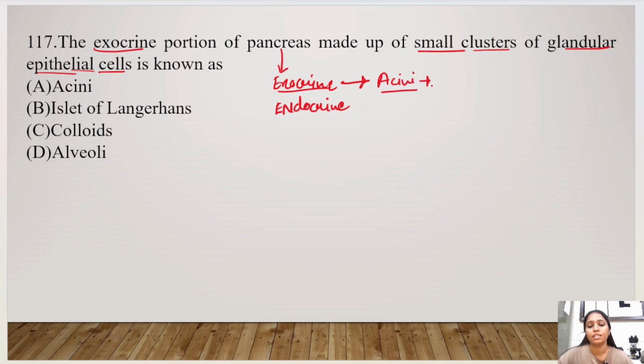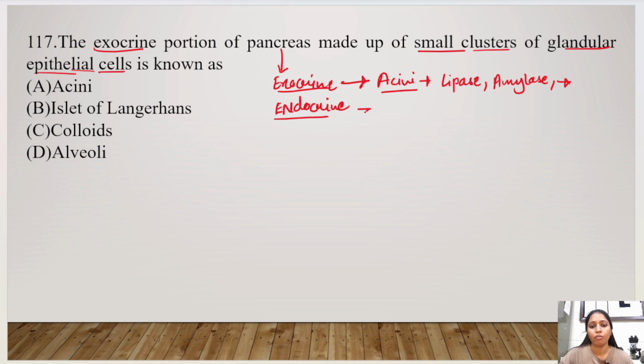And these acini cells secrete digestive enzymes like lipase, amylase, as well as trypsinogen, and these are secreted into the pancreatic duct which opens into the duodenum of the intestine.